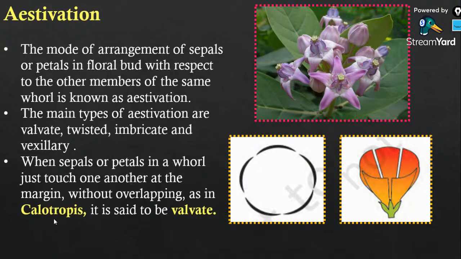The answer is calotropis. Or they can ask, calotropis shows which type of aestivation? At that time the answer is valvate aestivation. Or they can give you the diagram and ask you. Clear?